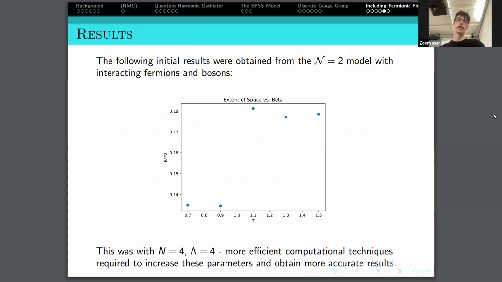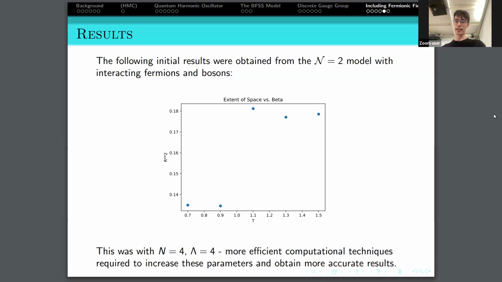So here are my results for the two supercharge model. We can see that there is a low temperature and high temperature region with different behavior. Here we have the extent of space on the y-axis and temperature on the x-axis. So there is a sign of a phase transition for sure.